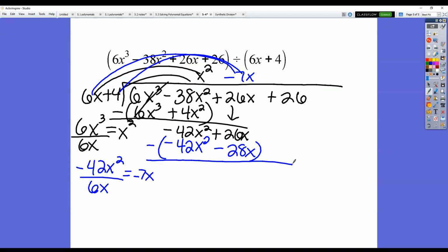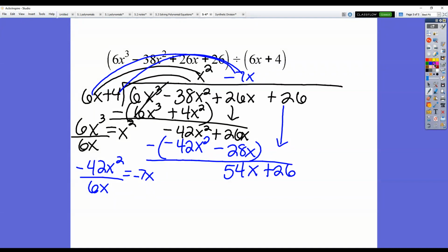So then, let me make sure I copied the problem right. Yeah, so this would be 54x plus 26.